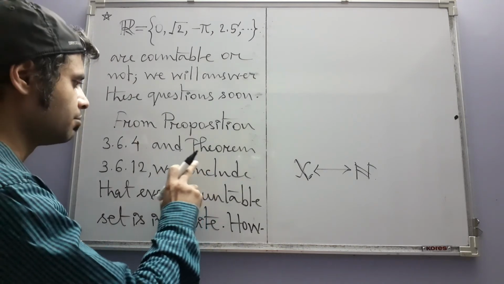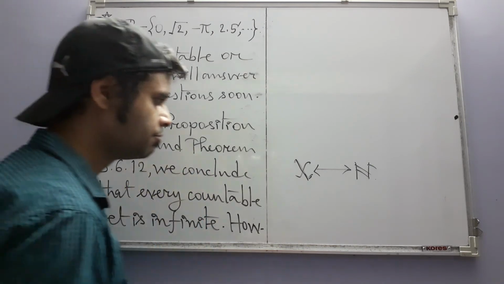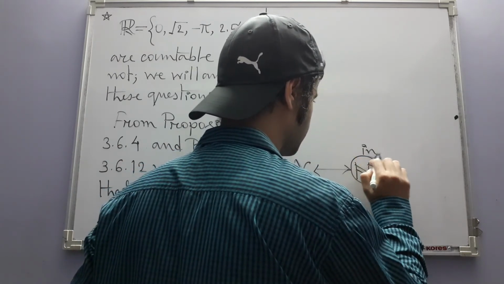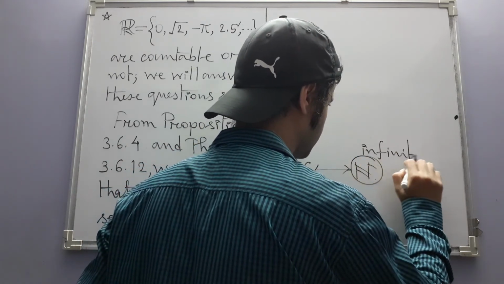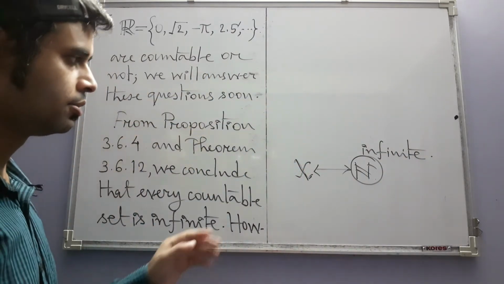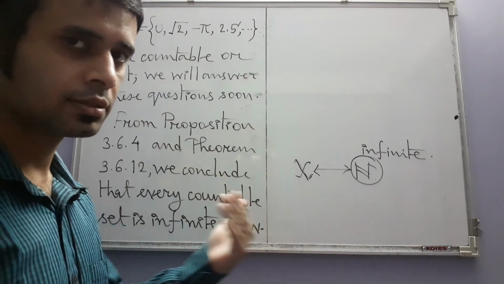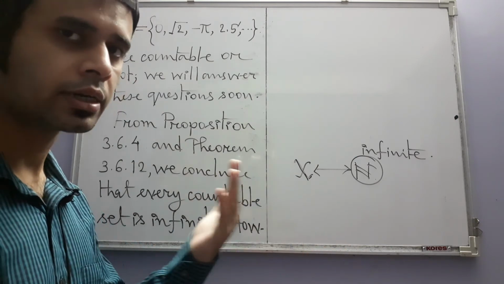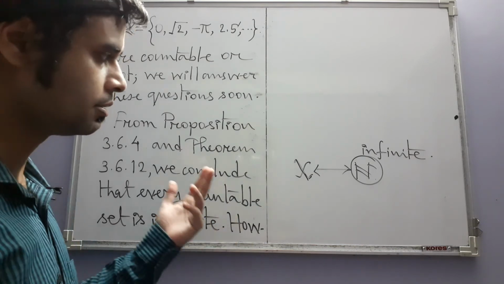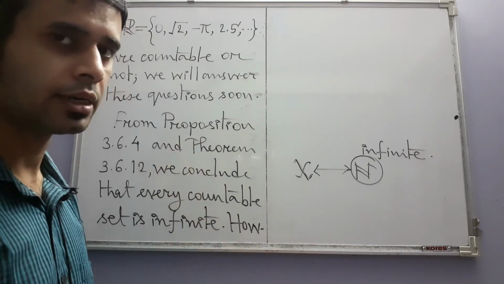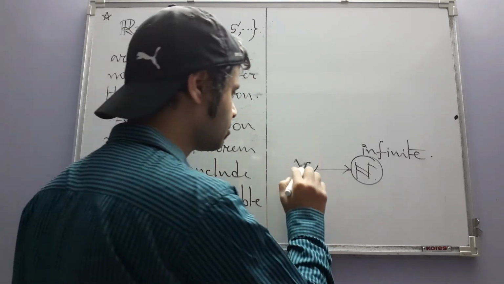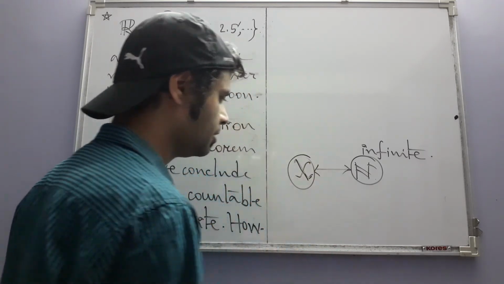That comes from theorem 3.6.12, where we showed that N is infinite, and proposition 3.6.4, which says that this relation of sets having equal cardinality is an equivalence relation, that it is reflexive, symmetric and transitive. But how does it follow from these things that X is infinite?